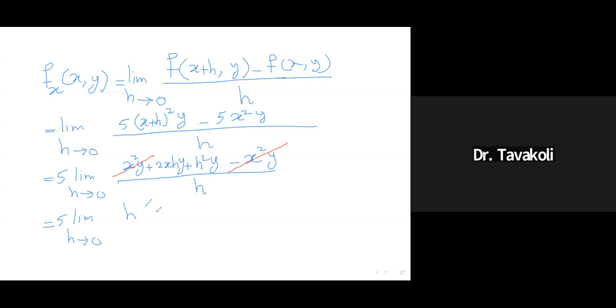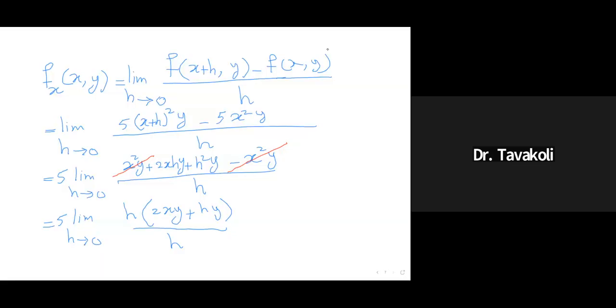So h times 2xy plus hy divided by h. Now I can simplify h and h. And let's apply the limit to the rest of the expression. So 5 limit as h tends to 0 of 2xy plus hy.